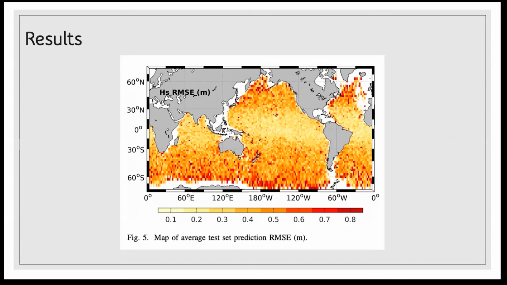In co-locations that are more infrequent, like near the shores or near the bottom of the map, we see that our performance drops. This is to be expected because with fewer data points, our model is less able to learn how to predict these types of wave heights.